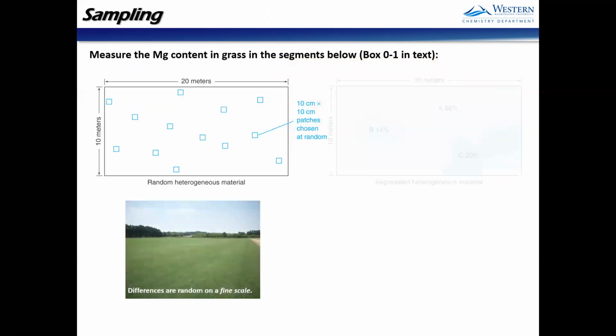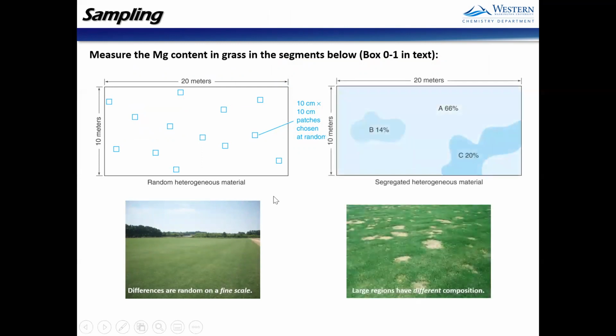So here I give two examples of a patch of lawn, right? The left side is a relatively homogeneous lawn, and the right side has patches throughout the lawn.